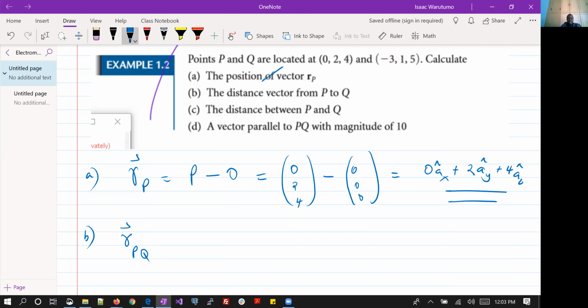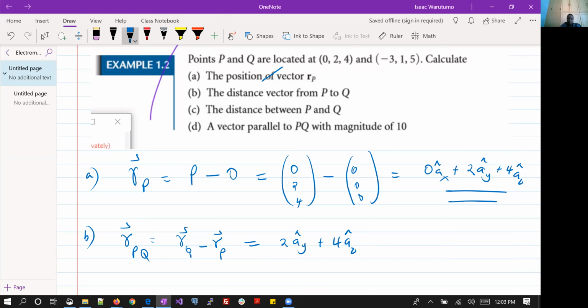And what we said earlier is that it is obtained by position vector RQ minus position vector RP. And this gives you, we have seen that this is 2AY plus 4AZ. I have skipped AX because it is 0.